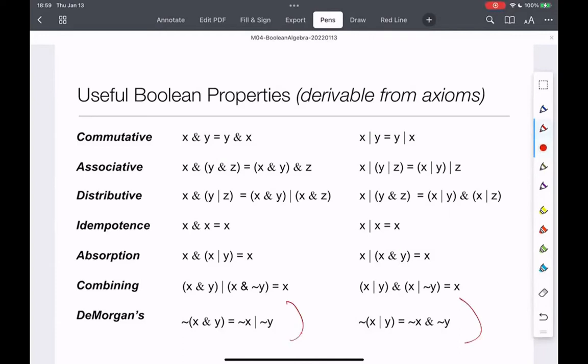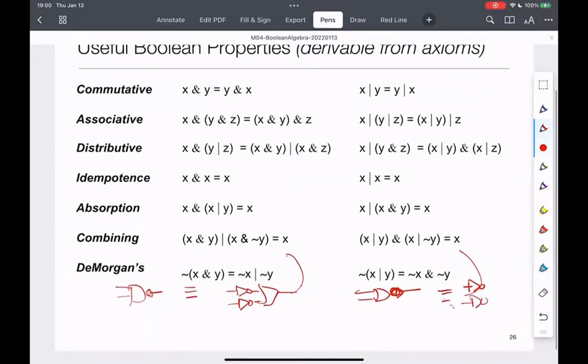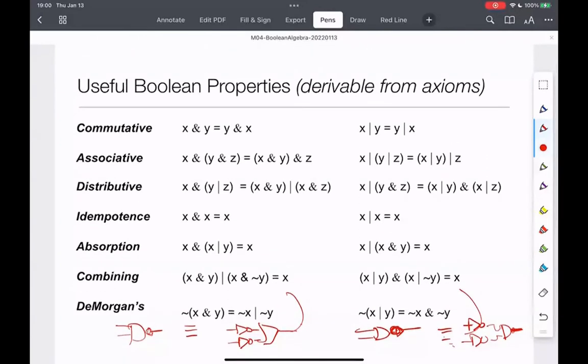What the left hand side is saying is this is the same as... and the right one is saying... Essentially I can move inverters from output to inputs or vice versa, and then change AND to OR or OR to AND.